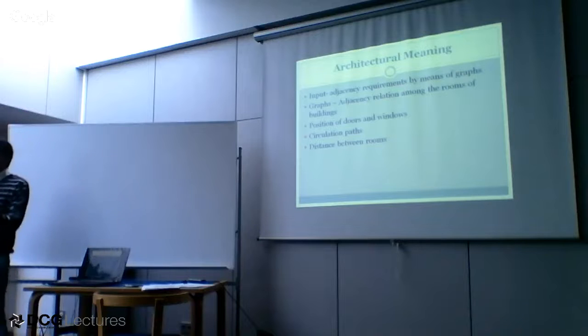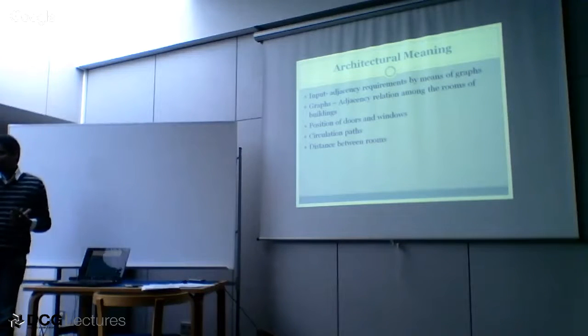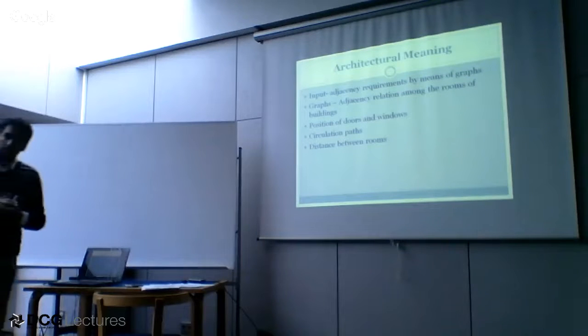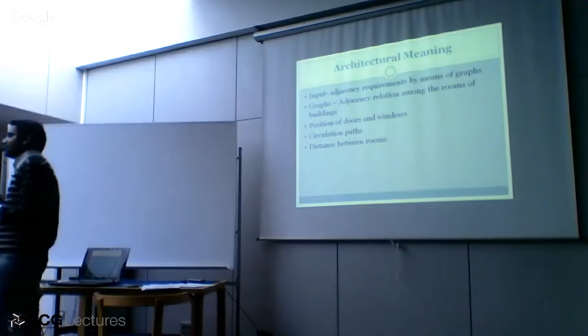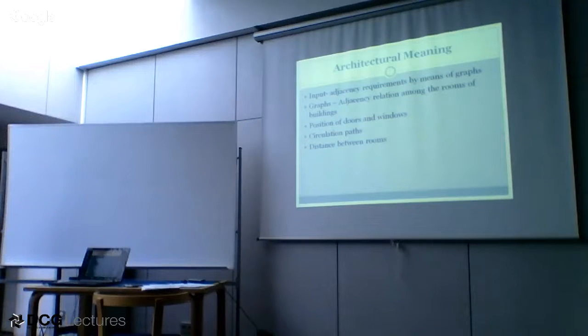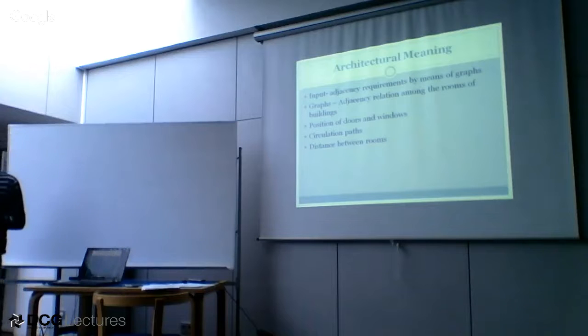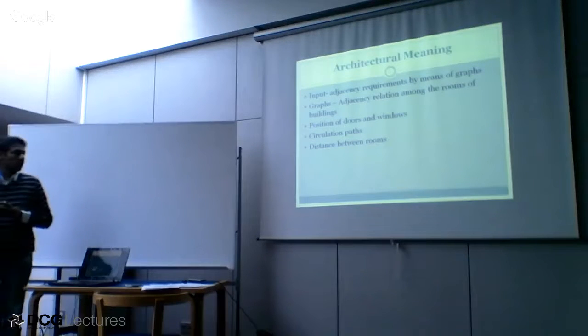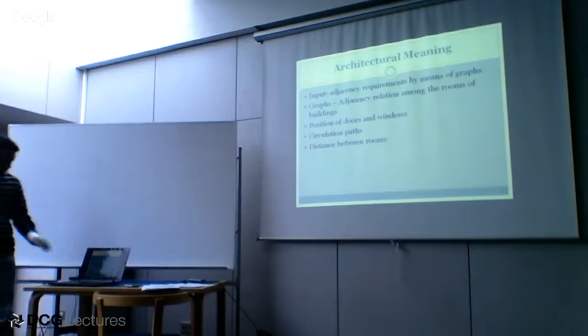So somehow they are connected both ways. Through input you can get a floor plan, and for the floor plan you can obtain a graph which you can study to understand the different relations between the rooms. Also it gives you an idea of the positions of the doors, positions of the windows, circulation path, and many more properties. So we will discuss them in detail.